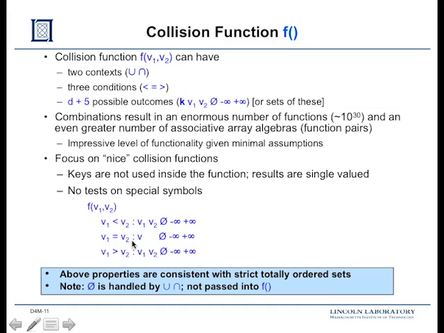If it's equal, it can be one of these 4. If it's greater than, it can be one of these 5. So that gives a fairly limited number of possible collision functions, and all these properties are consistent with a strict totally ordered set. Generally, when we handle a special value, it's handled by the union and intersection function first. It never actually gets passed through to this function.